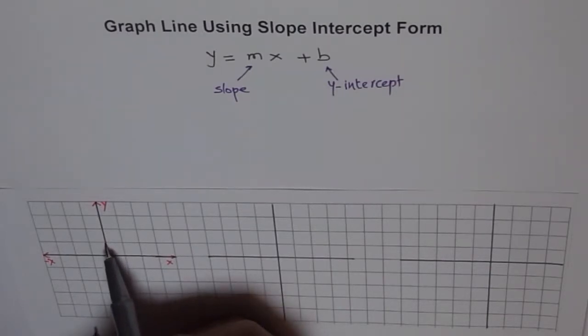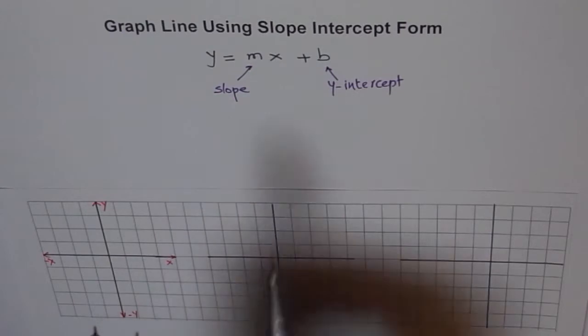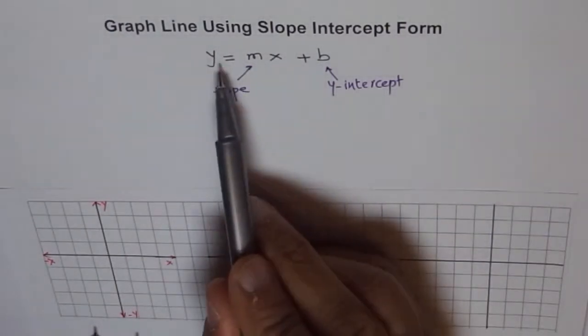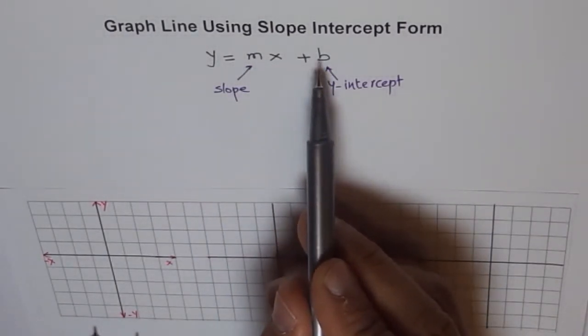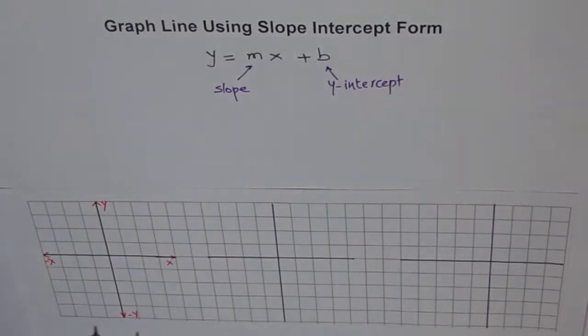And at that point, the x value is 0. So at the y-intercept, the x value is always 0. So if you plug in x as 0 here, you get y equals b, and therefore b is your y-intercept, correct?